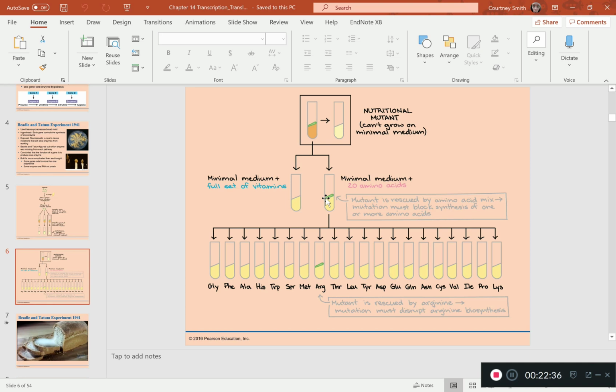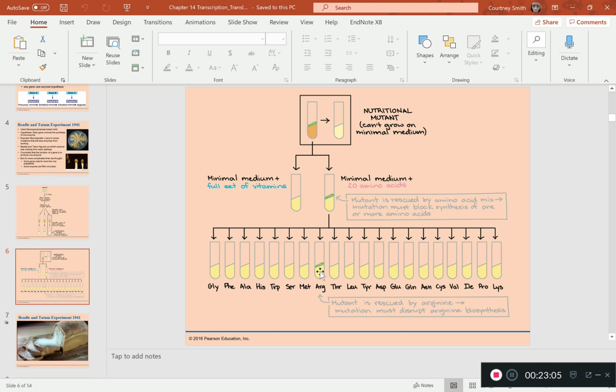So they took the mutant and added it to each individual tube that only had one amino acid in it. Based on which one grew, they determined where the mutation occurred. In this case, ARG was what was missing, so the mutant grew. That is how they came up with the one gene, one enzyme idea.